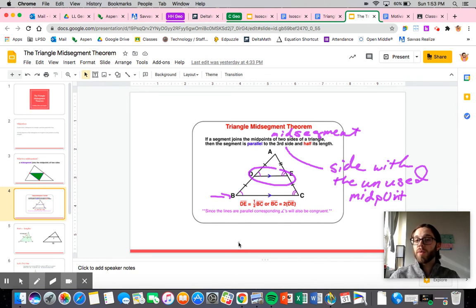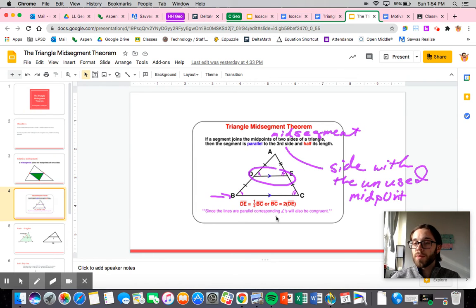Now you will notice, because these are parallel, these are going to be corresponding angles. So now we know that this angle is congruent to this angle, and this angle is congruent to this angle. That's all the information that we get from the triangle midsegment theorem.